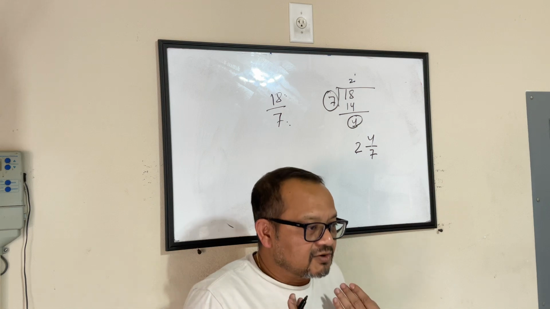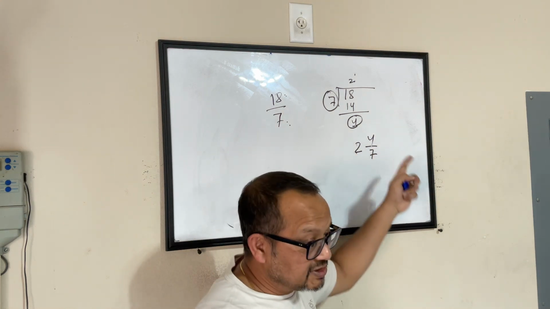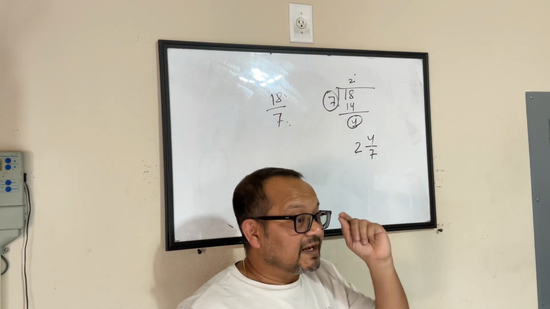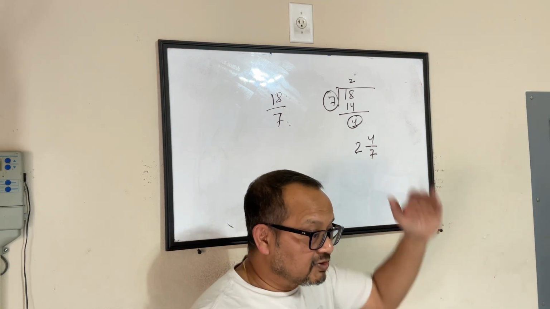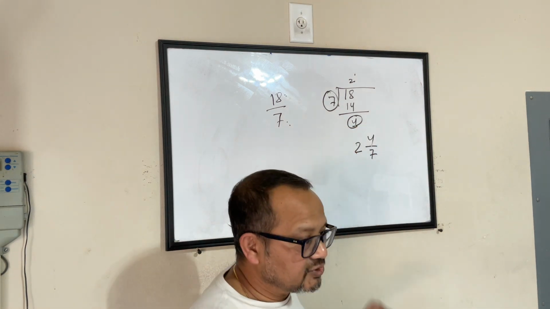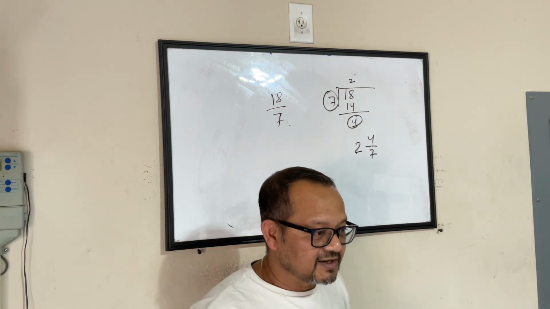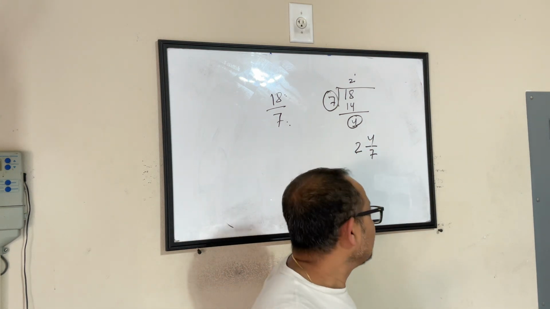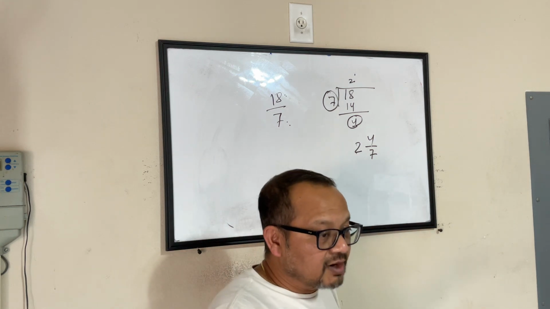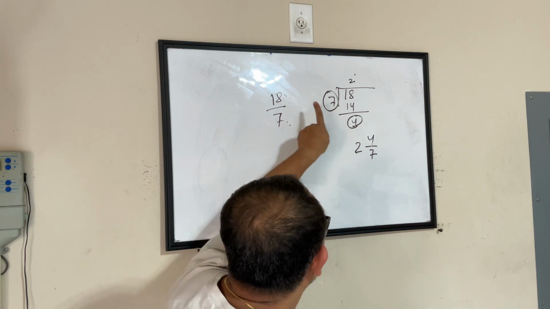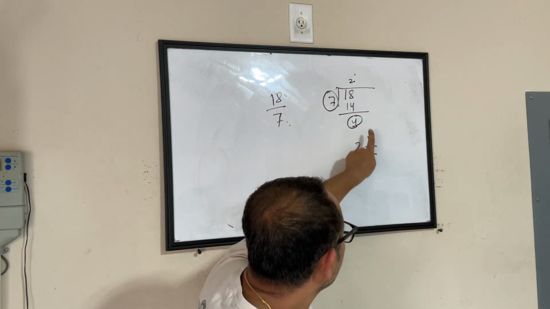See, even after growing this old, I can make this mistake. So you guys can make mistakes as well. So that is where review plays a very important role. When you solve a problem, always review it. And thank you for being attentive, because you caught this. That is how you catch any mistake. So this became my answer. 18 by 7 became 2 4 by 7.